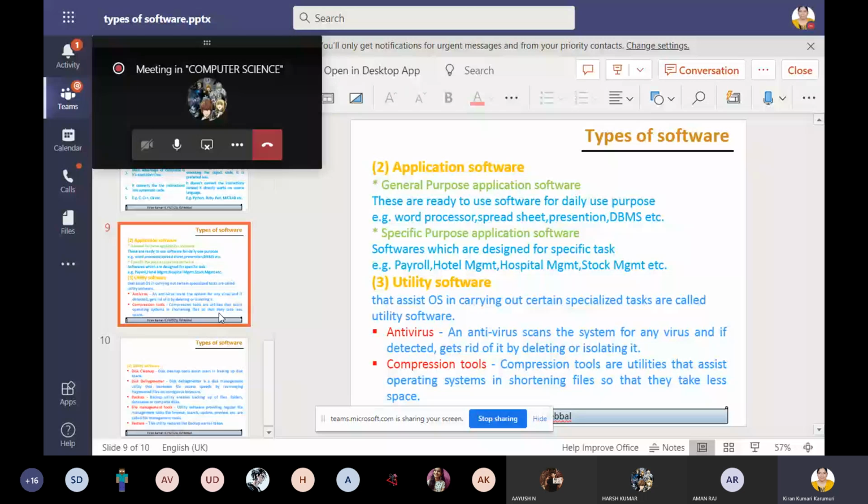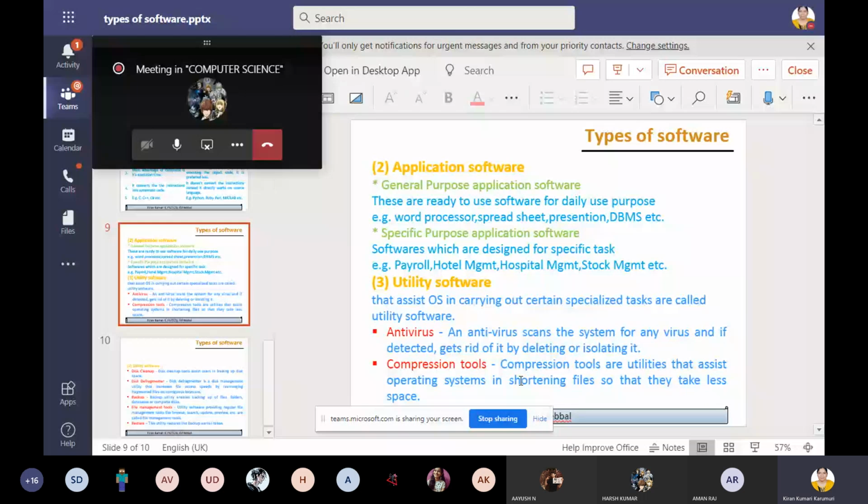Whatever we use commonly, for everybody, is general purpose. For a special purpose, see hotel management, hospital management, stock management, payroll, they are for special use, not for every one of us, isn't it? Specific task. Yes, ma'am. Okay, so you can give such examples for application software.